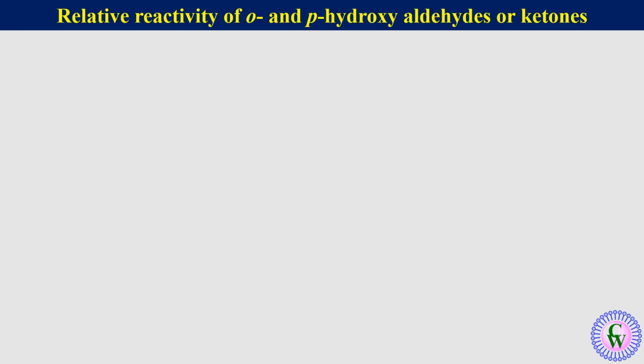Relative reactivity of ortho and para-hydroxyaldehydes or ketones towards Dakin oxidation. In ortho-hydroxyaldehyde or ortho-hydroxyketone, there is intramolecular hydrogen bond that creates partial positive charge on carbonyl carbon, which makes it more electrophilic for the attack by hydroperoxide ion and thus makes it more reactive.